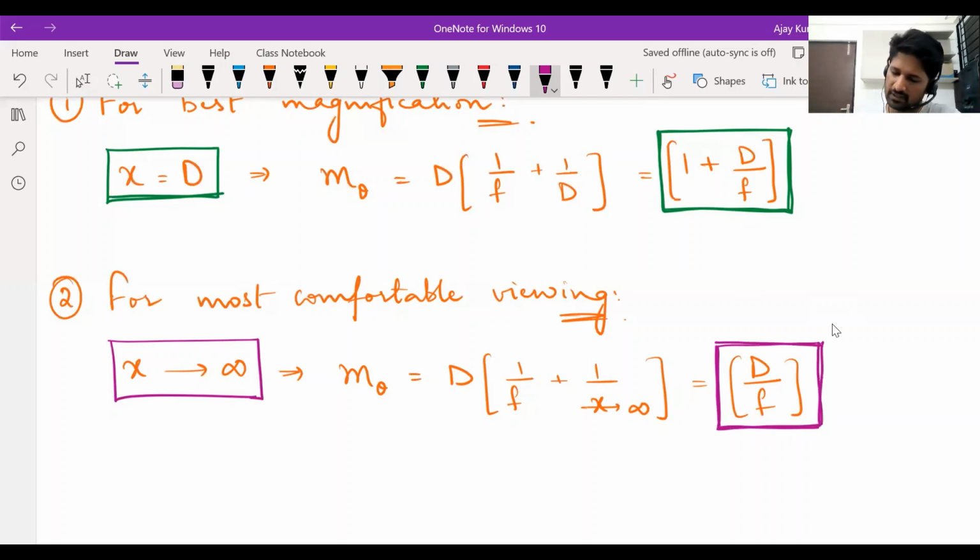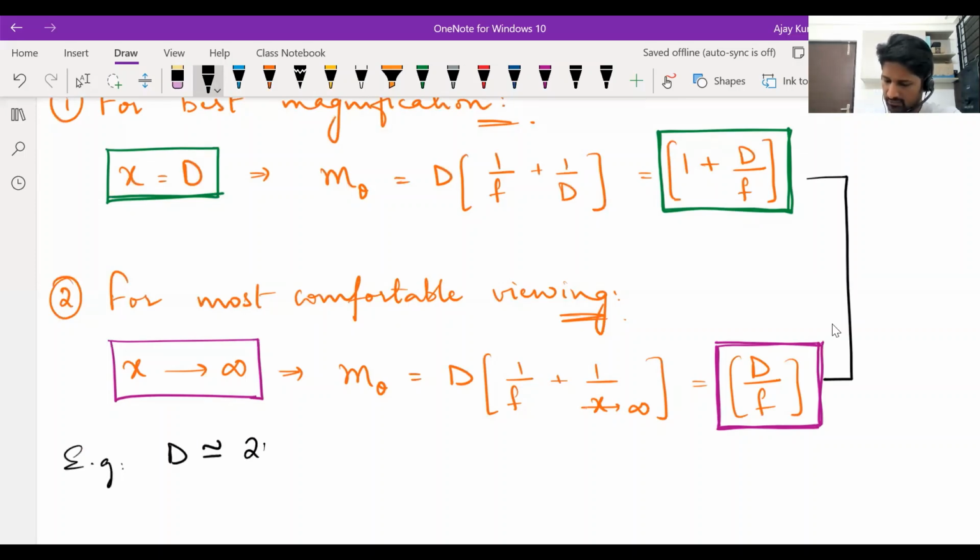You can see that the difference between this magnification and this magnification, the best and the worst, is only 1 unit. For example, you know that the average near point distance is 25 centimeters. Assume you use a lens whose focal length is 5 centimeters. Then d by f becomes 5.